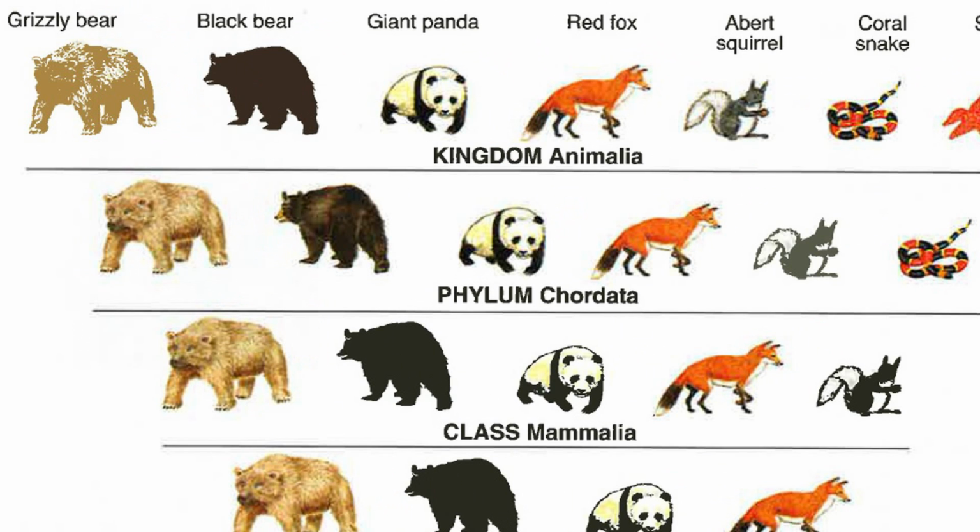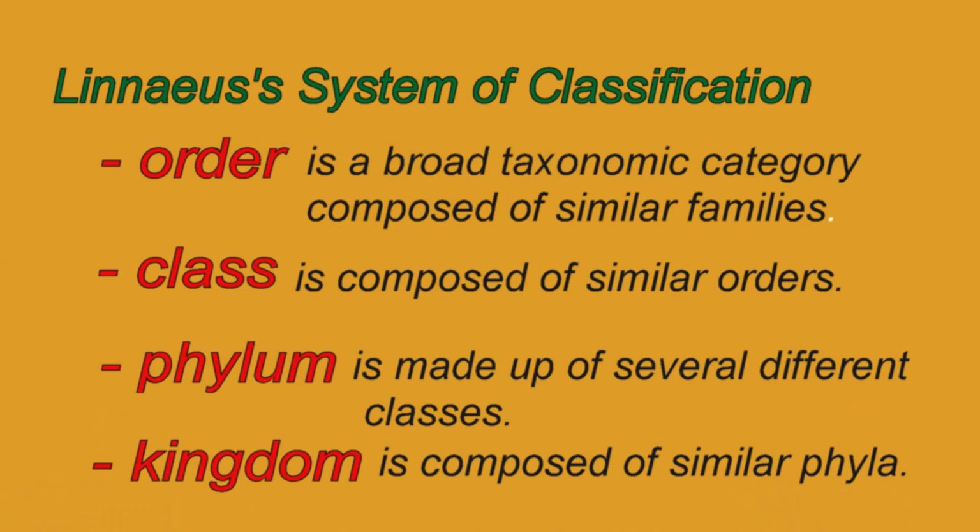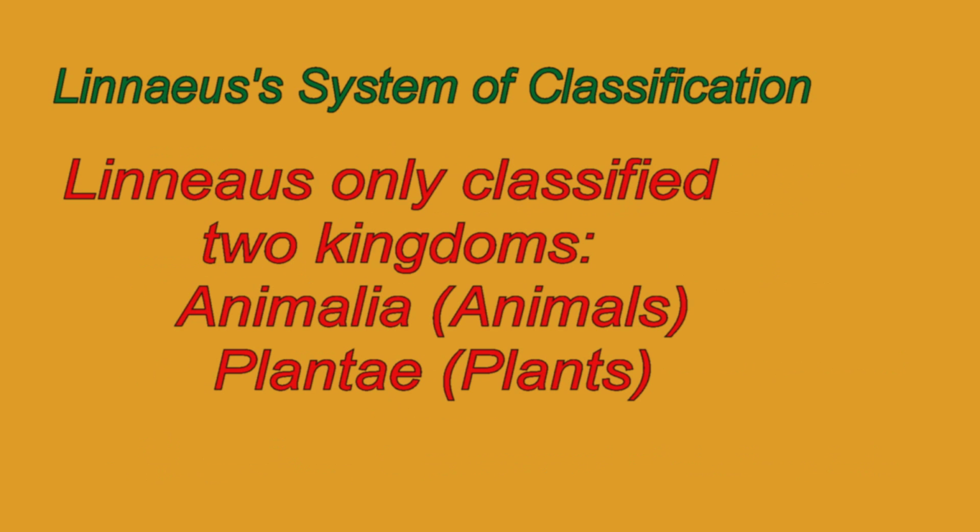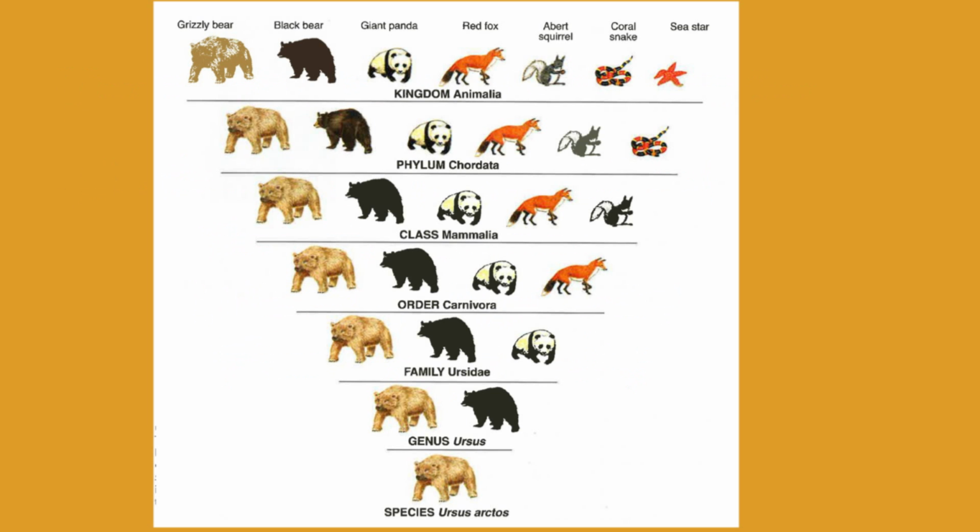Finally, all animals are placed in the kingdom Animalia. The kingdom is the largest and most inclusive of Linnaeus' taxonomic categories. Linnaeus named 2 kingdoms, Animalia and Plantae. And you can see the 7 taxonomic levels here in this picture.